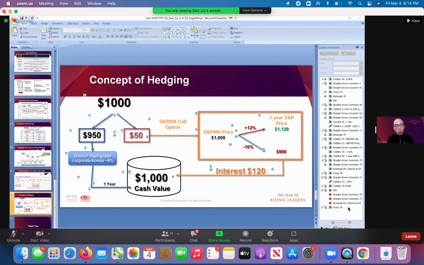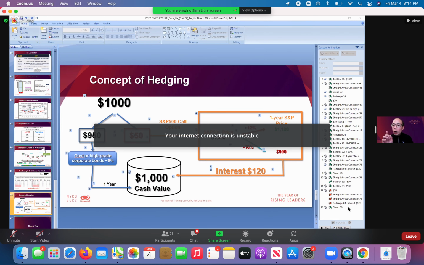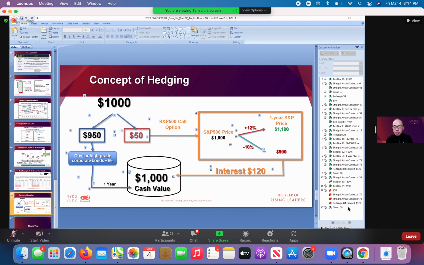All right, how much would it cost me, the insurance company, to protect my $1,000? And you get to keep anything above 12 and anything below 0, you take the hit. How much would it cost me to reach that? And Goldman Sachs, okay, I'm going to charge you $50 to protect your 1,000.